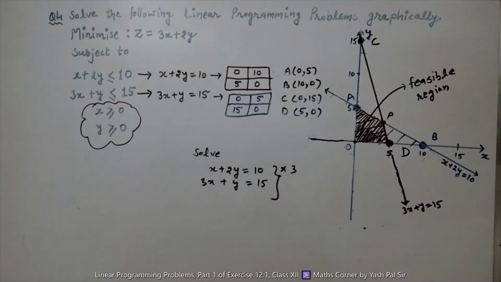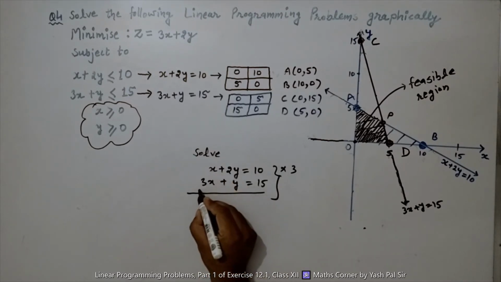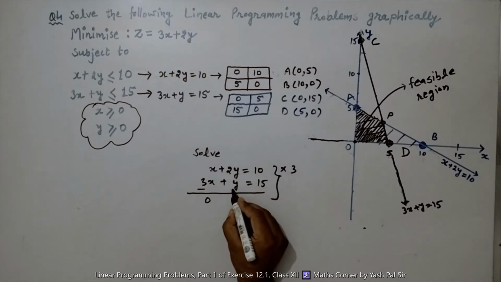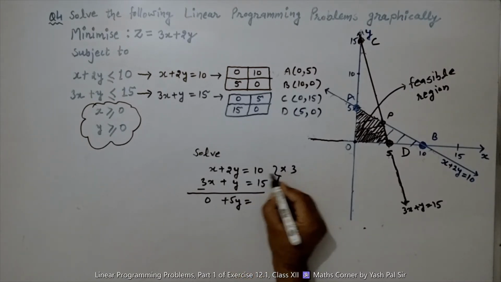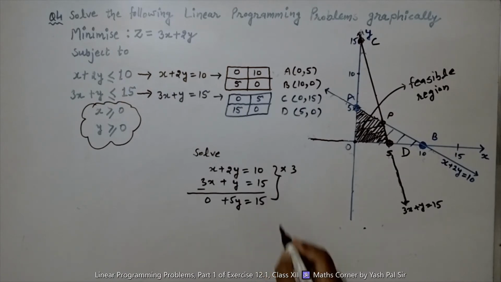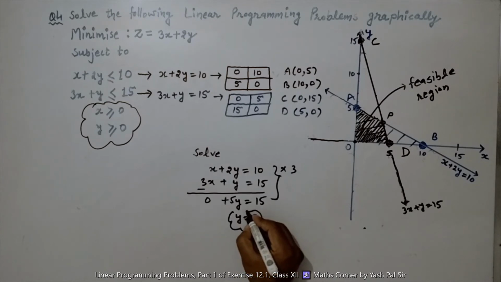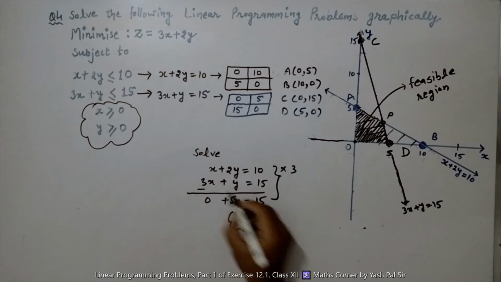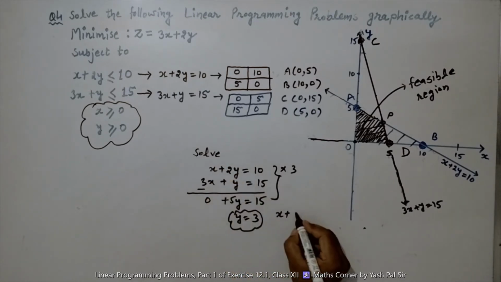What do we do? We multiply the first equation by 3, then subtract. So this becomes 3x minus 3x, 0. 3 into 2, 6y minus y, 5y is equal to 10 into 3, 30. 30 minus 15, 15. So y is equal to 3. Put this value of y in any one equation.